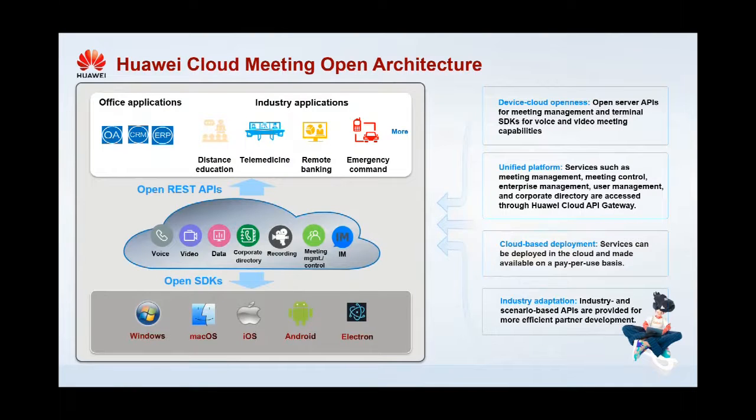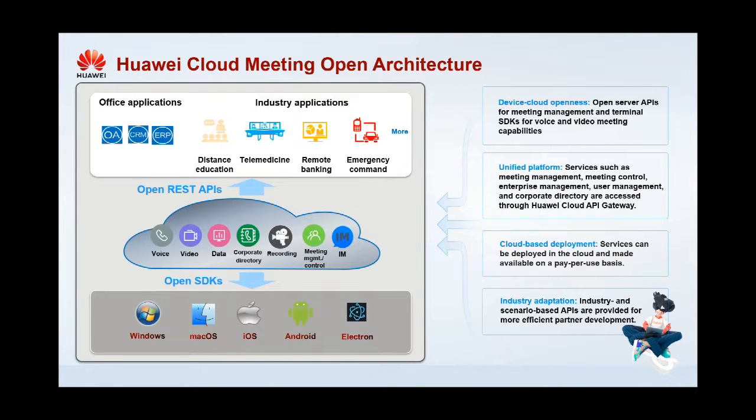Then, in this part, we can see the open architecture of Huawei Cloud Meeting, which has two aspects. First, on the server side, we open meeting management and control capabilities through REST APIs. Second, on the terminal side, we open audio and video meeting capabilities through the SDKs.